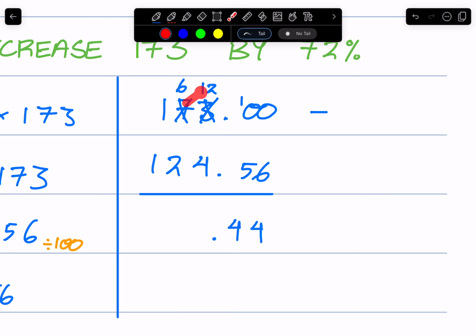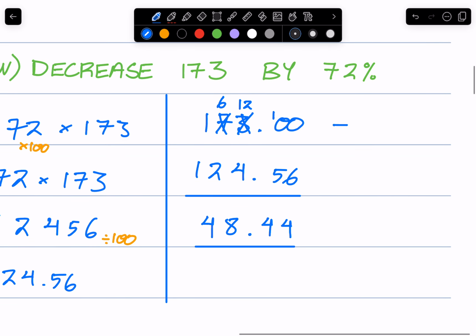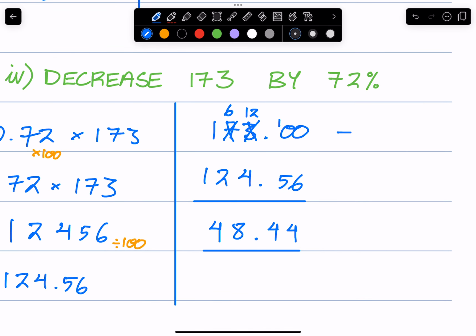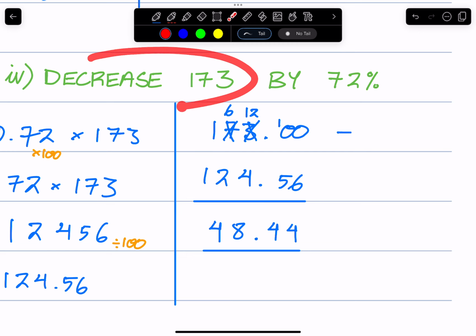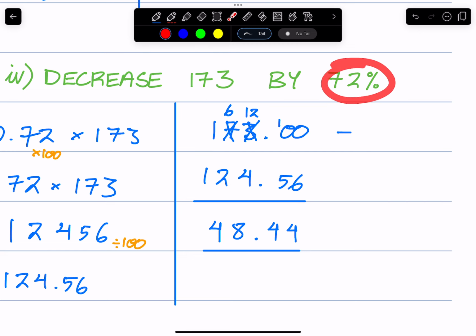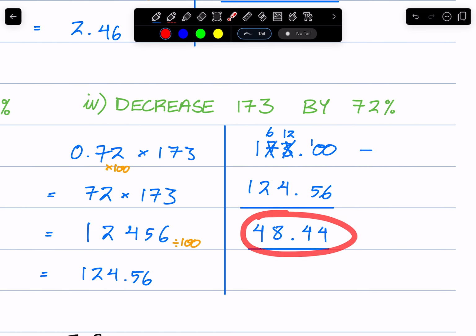And we give that 1 to this to make this a 12. So 12 take away 4 gives me 8. And then it's 6 take away 2, which is 4. And 1 take away 1, which is 0. So the final answer here is 48.44. So decreasing this by 72% is 48.44.